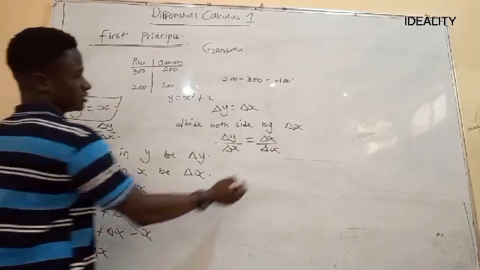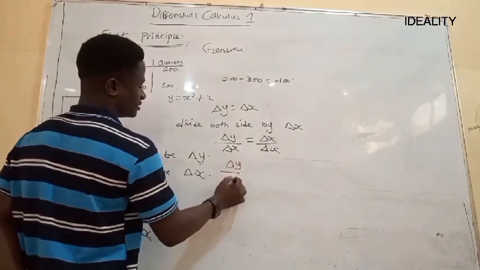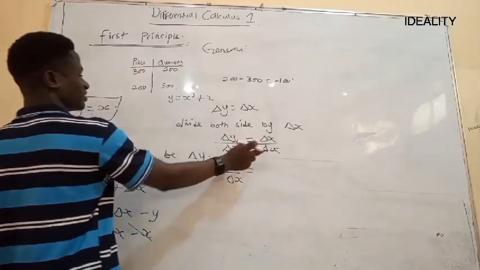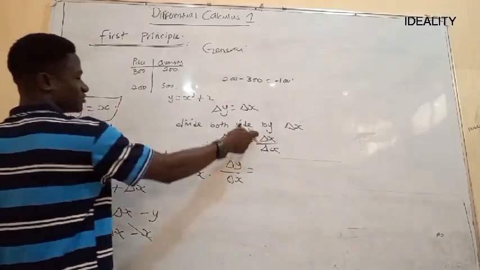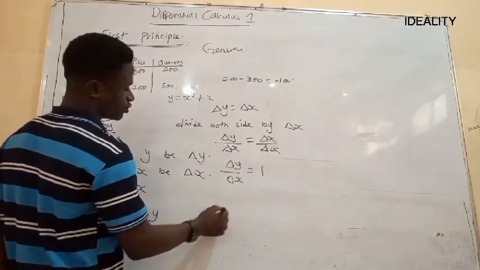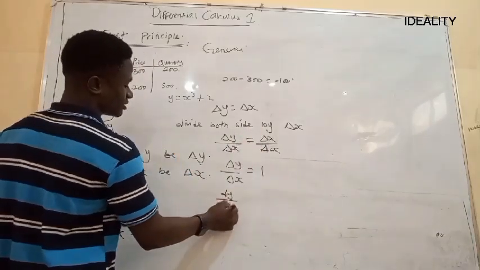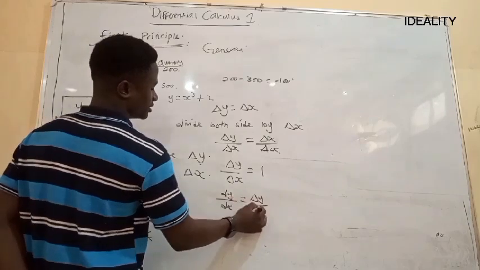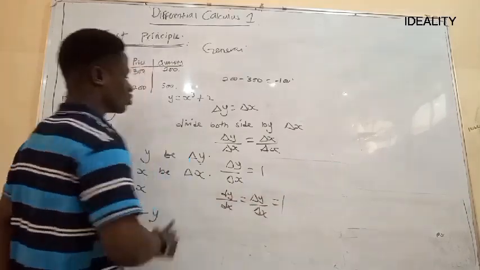Then theta x over theta x is simply 1, just like 5 divided by 5 is 1. So therefore, my dy/dx is equal to 1.